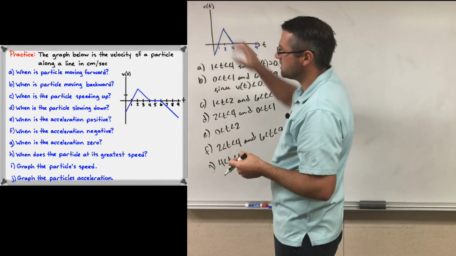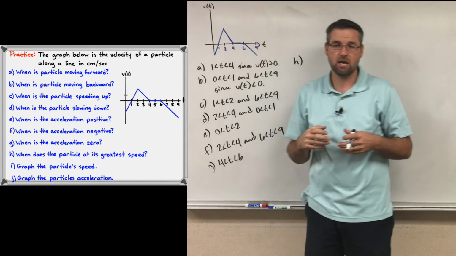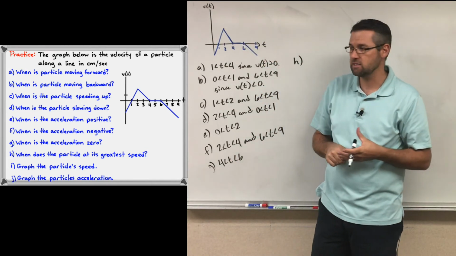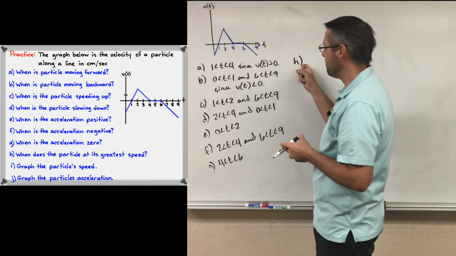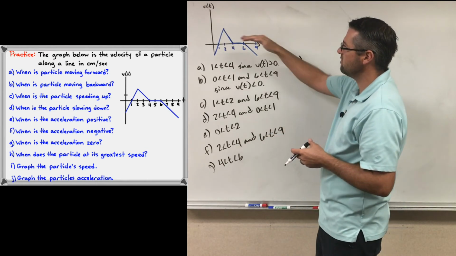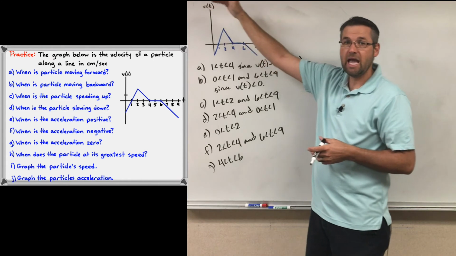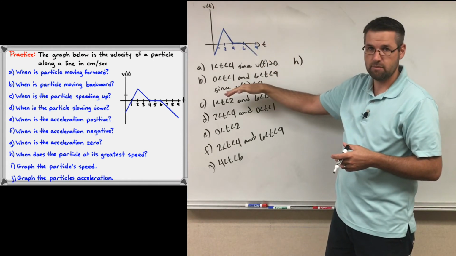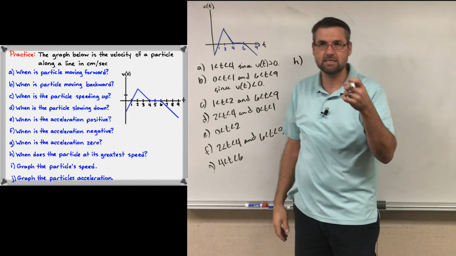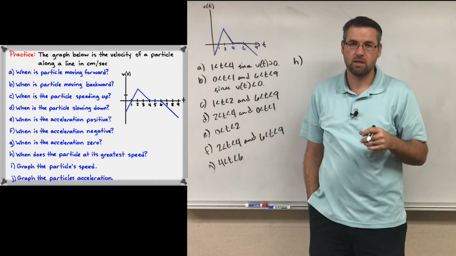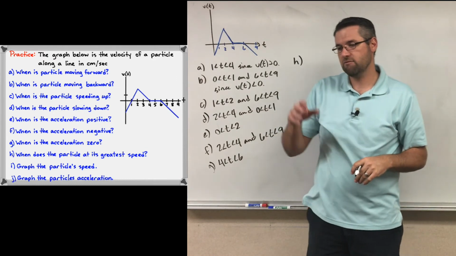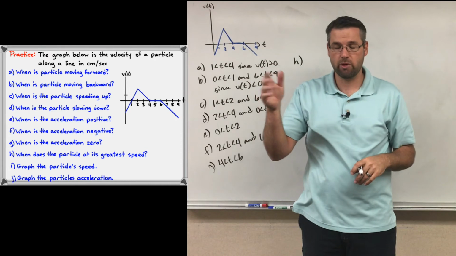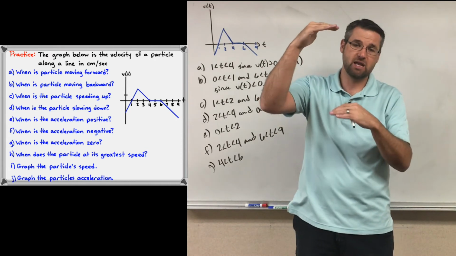Well, this is velocity. Speed is the absolute value of velocity. So in order to find the greatest speed, I would have to find the greatest velocity and the lowest velocity. Because if, let's say, velocity is negative 20 at one point, and velocity is 10 at another point, well, obviously 10 is greater than negative 20.